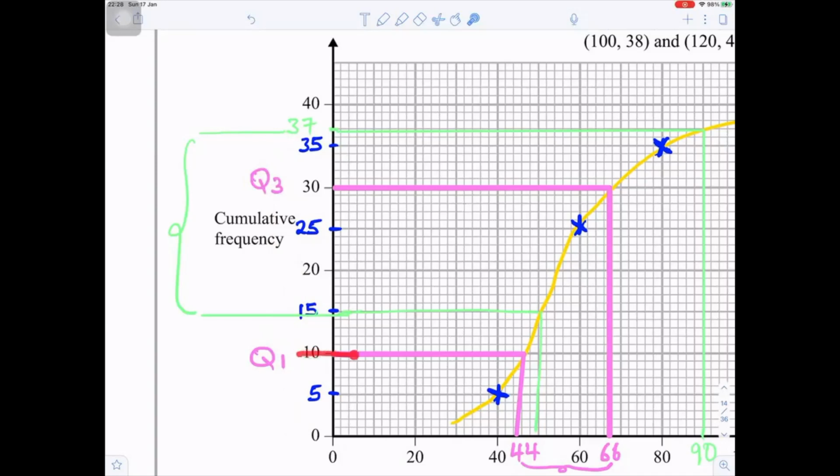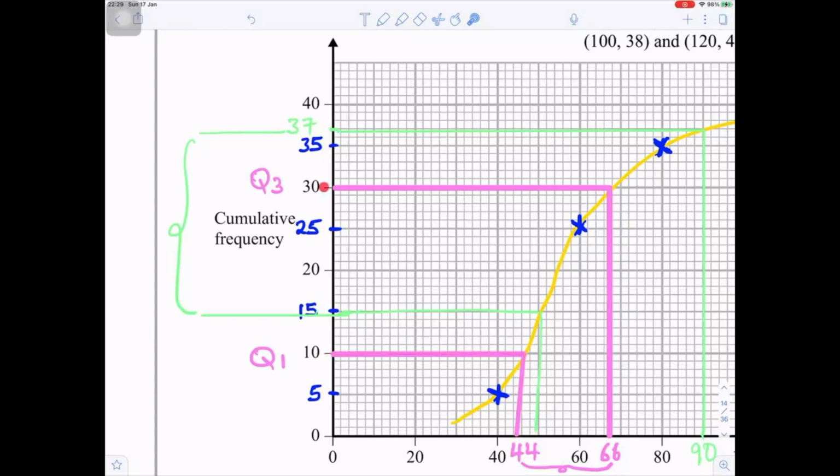So the first one is the boundary for the lower quartile. The next one will be at 20, which will be for the median. The next one will be at 30, which will be for the upper quartile. So we would follow the line from 10 to where it meets the curve and down, and you will get 44.